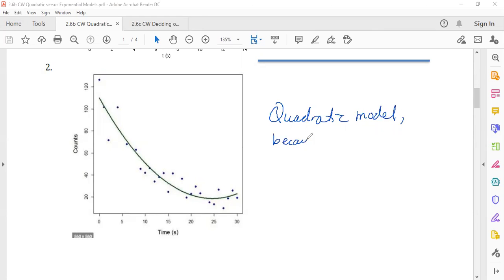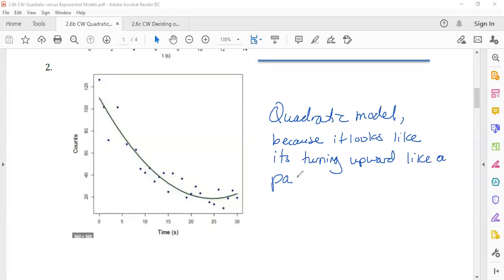Because it looks like it's turning upward, literally, right on the right side. Okay, so it looks like it's turning upward on that right side there.